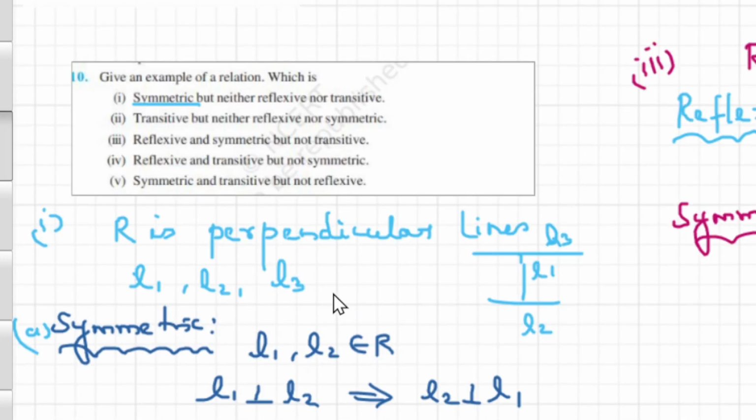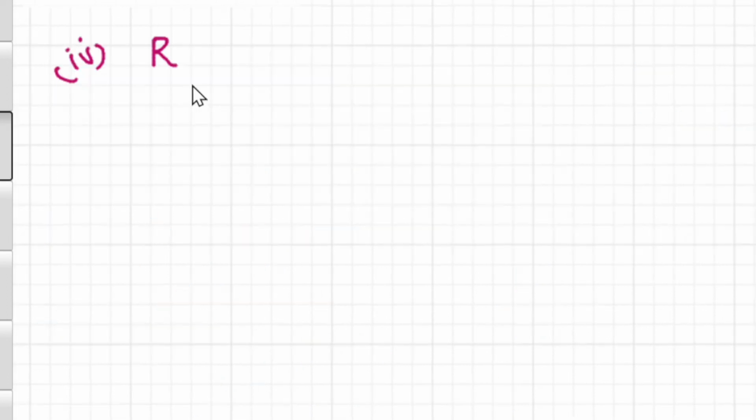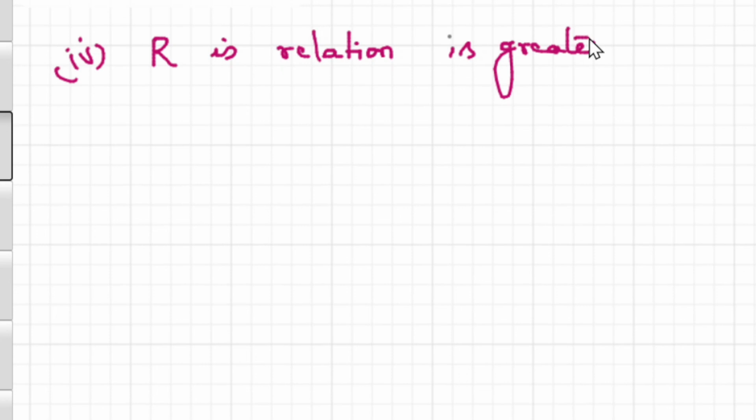Then the fourth one, reflexive and transitive but not symmetric. Here the relation is "is greater than or equal to".